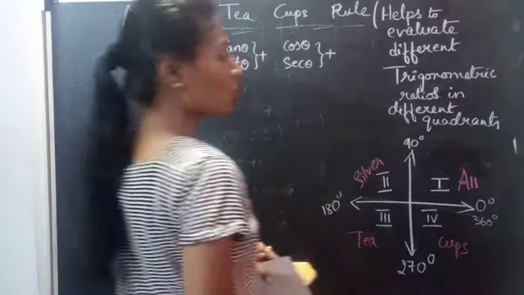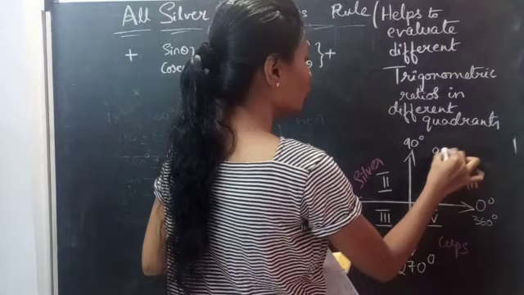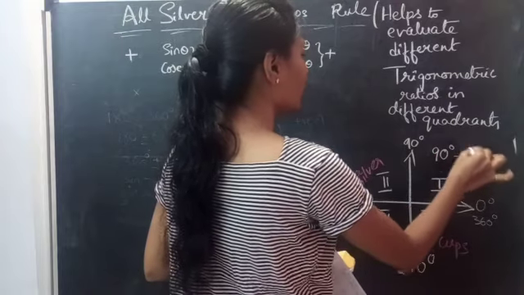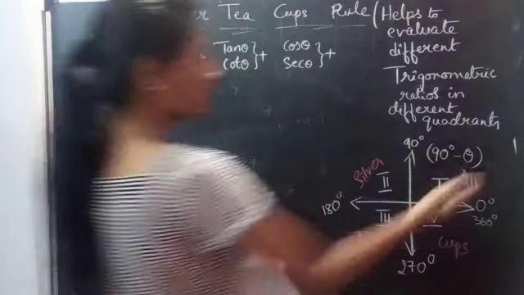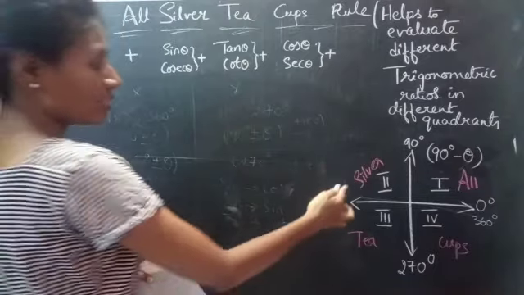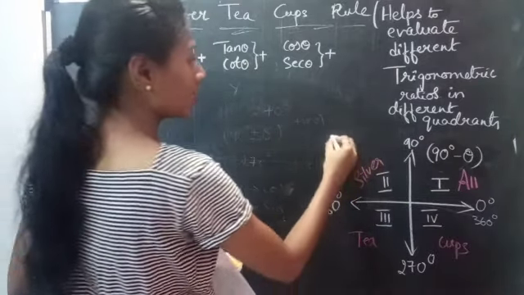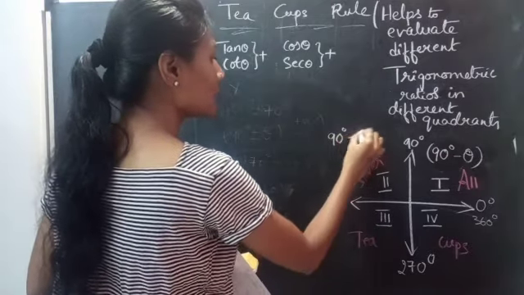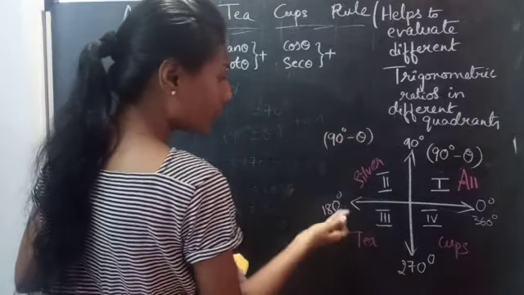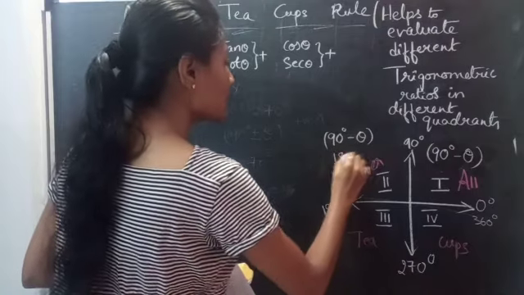In the first quadrant, you will find trigonometric ratios for 90 degrees minus theta, and for the second quadrant, 90 degrees plus theta and 180 degrees minus theta.